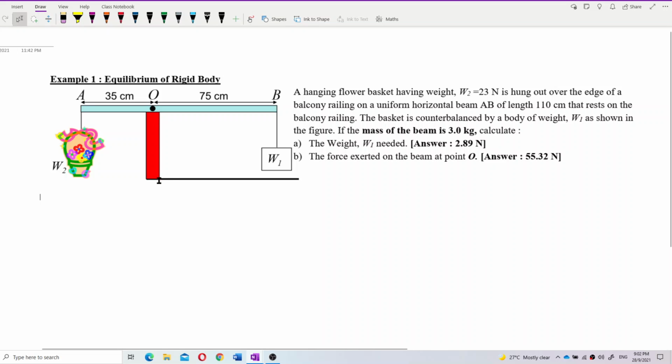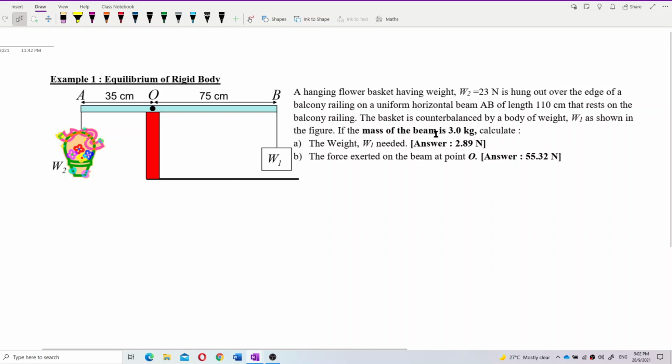So this is the balcony railing. The basket is counterbalanced by a body of weight W1 as shown in the figure. If the mass of beam is 3 kg, calculate the weight W1 needed and also the force exerted on the beam at point O. Good.